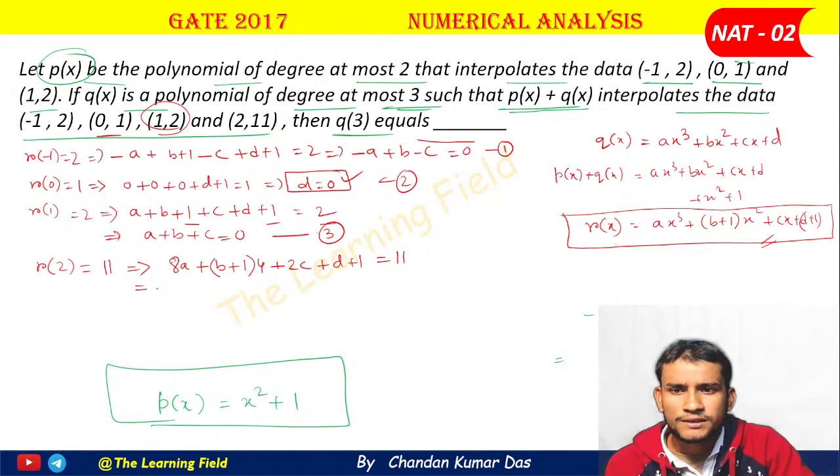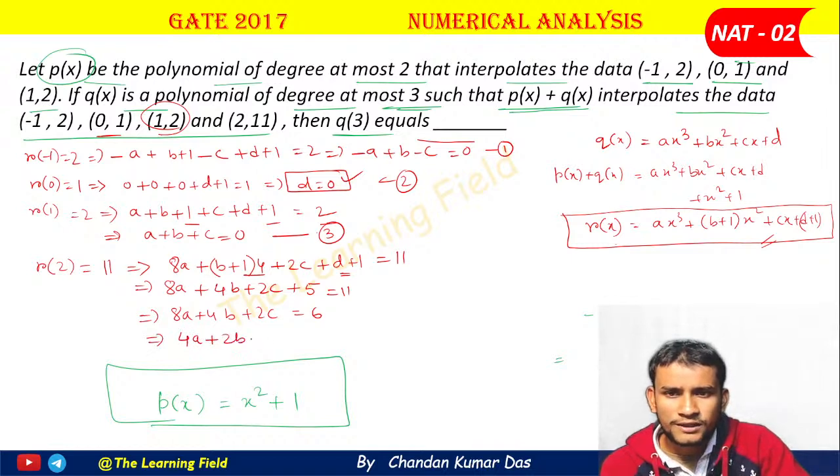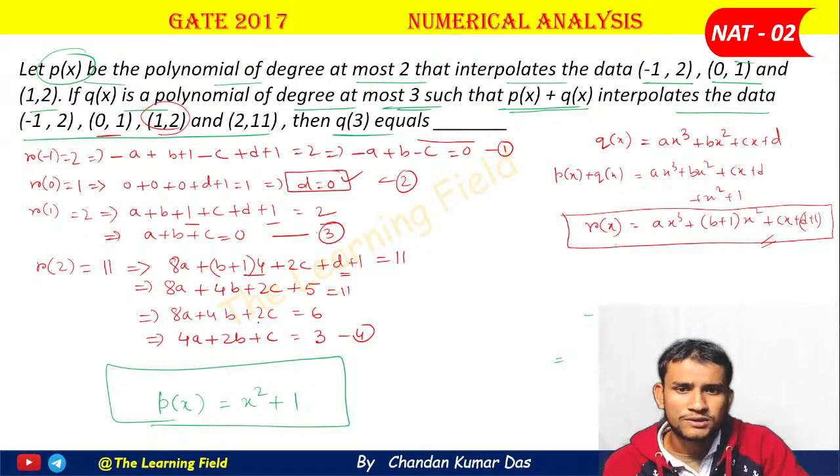That means 8a plus 4b plus 2c plus 5, and d value is 0, so 4 plus 1 is 5, total 5, and this is equal to 11. That means we can write 8a plus 4b plus 2c equal to 6, and from this we can write 4a plus 2b plus c equal to 3. So this is suppose equation number 4.